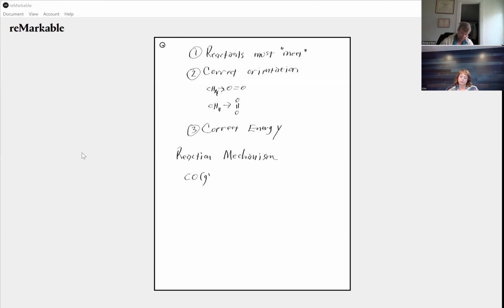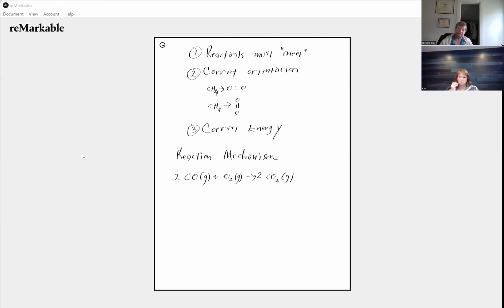Carbon monoxide is a bad gas. It's silent but deadly, but in this case, it's real.